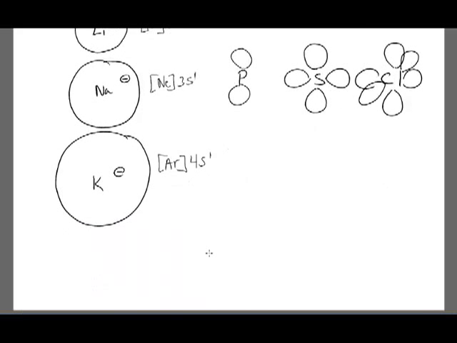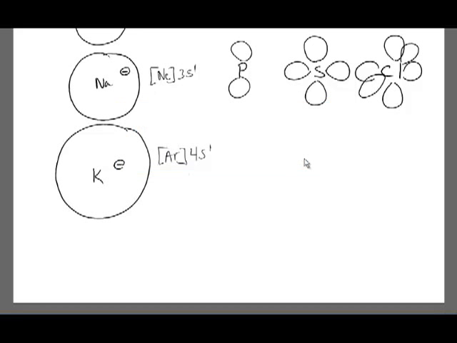I will summarize that below: when you go down a group, the additional electrons are in higher n, so they are farther from the nucleus.